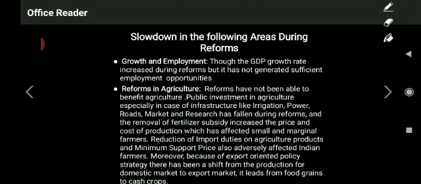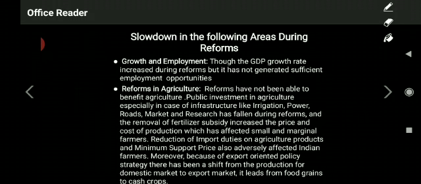Due to the removal of fertilizer and pesticide subsidy, there was a hike in the price and cost of production in the agriculture sector, which has affected small and marginal farmers. Basically, India is an agricultural dominant country, but the maximum number of farmers come under the medium and poor class. Most farmers are not rich, and they are not able to invest more capital for the development of agriculture.